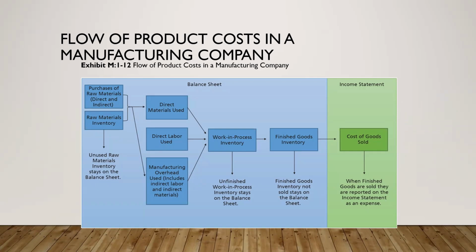Flow of product costs in a manufacturing company. Now, understanding how to calculate cost of goods manufactured, and ultimately cost of goods sold, requires knowledge of how our product costs flow through a manufacturing company.